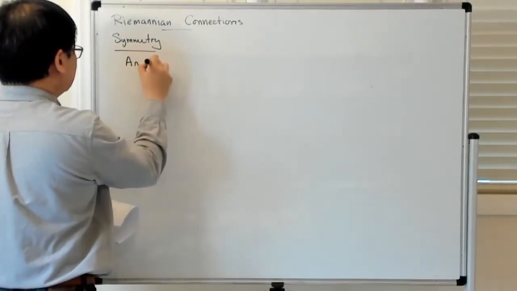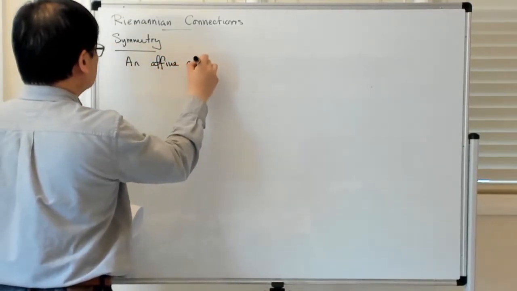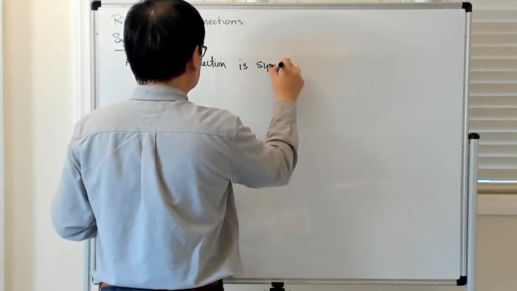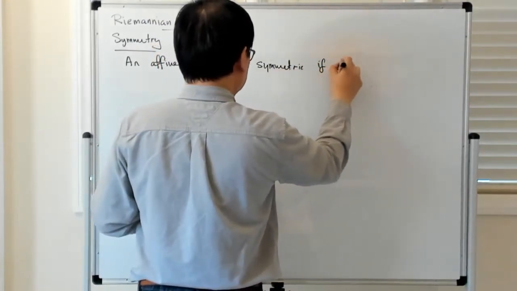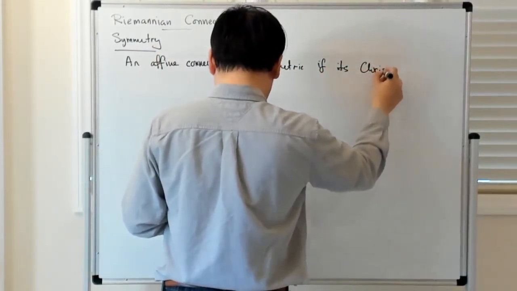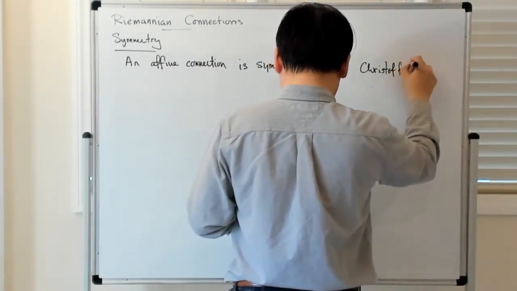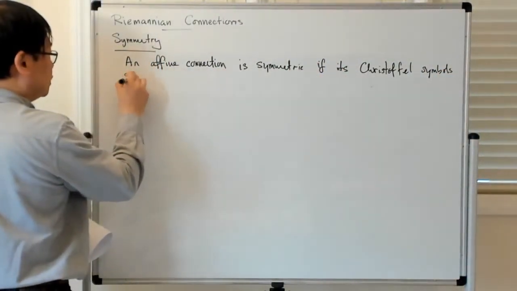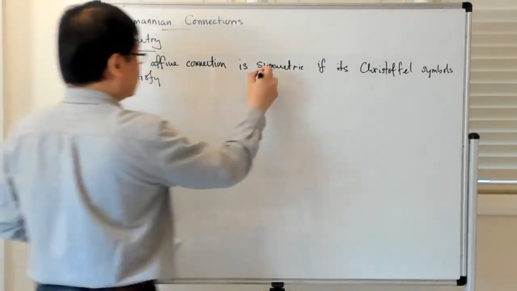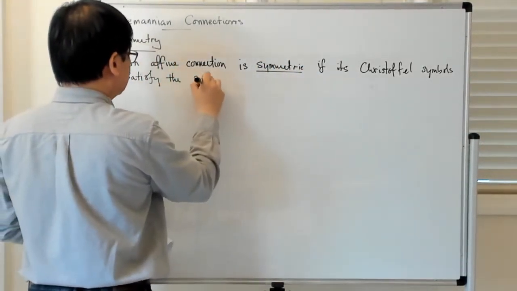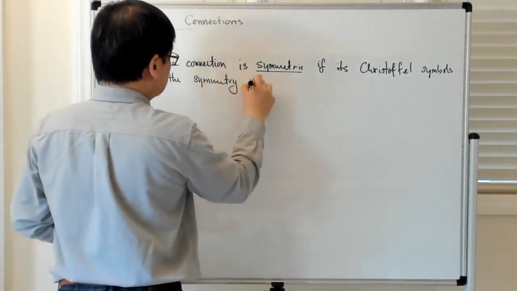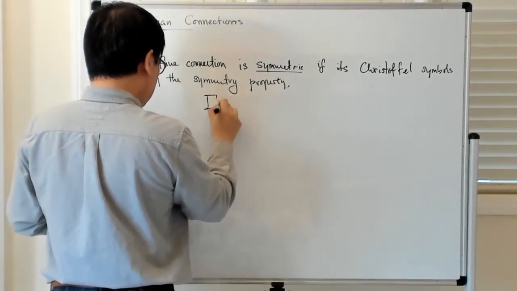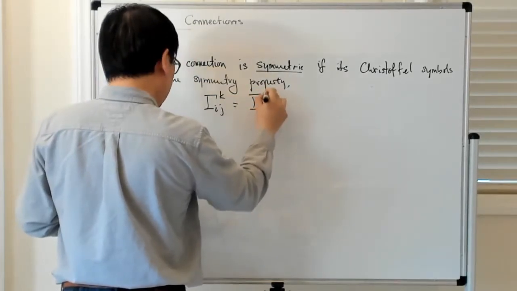An affine connection is symmetric if its Christoffel symbols satisfy the symmetry property that gamma ijk is equal to gamma jik.